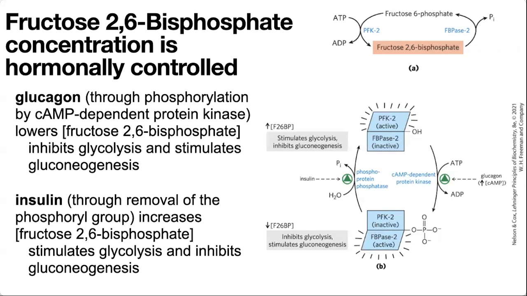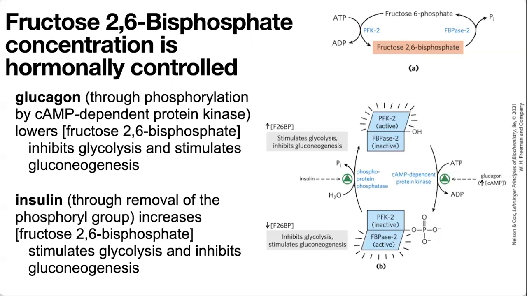You're going to make F26BP, which is going to stimulate glycolysis and inhibit gluconeogenesis. So if we phosphorylate this enzyme, we are basically going to be inhibiting glycolysis and stimulating gluconeogenesis. If we dephosphorylate this enzyme, we're going to stimulate glycolysis and inhibit gluconeogenesis.